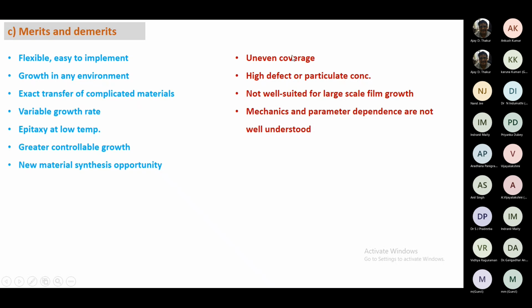So this type of uneven coverage will be there because it is very localized. The deposition will not be for a very large scale, so it is not well suited for large scale film growth.